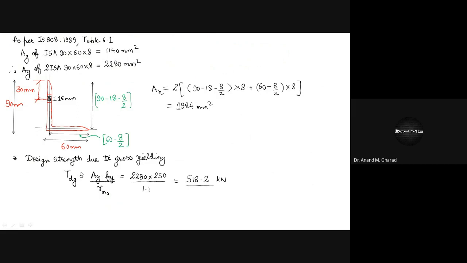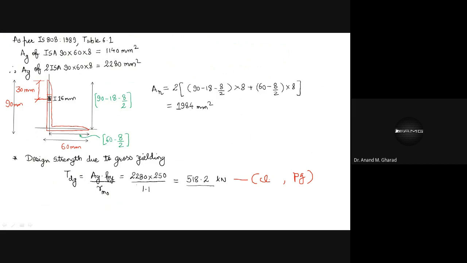The first design capacity will be with respect to this TDG. I have not written the clause number and all. It is your responsibility to write down the clause number and page number for this formula. Okay, that has to be completed, right?